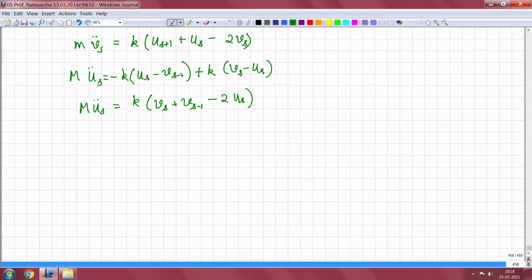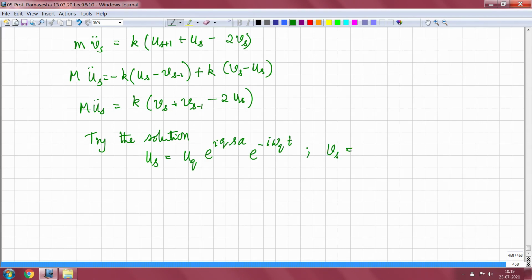As before, we can try the following solution: us equal to uq e to the i q s a e to the minus i omega q t, and vs is equal to vq e to the i q s a e to the minus i omega q t.